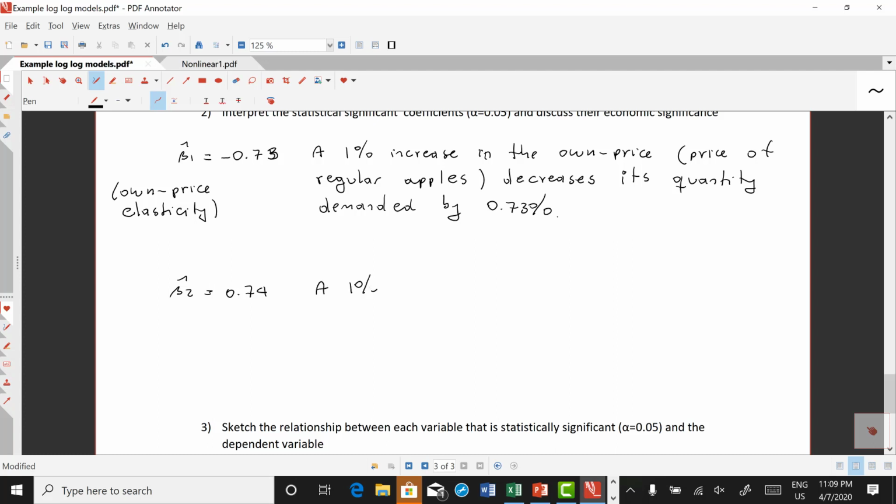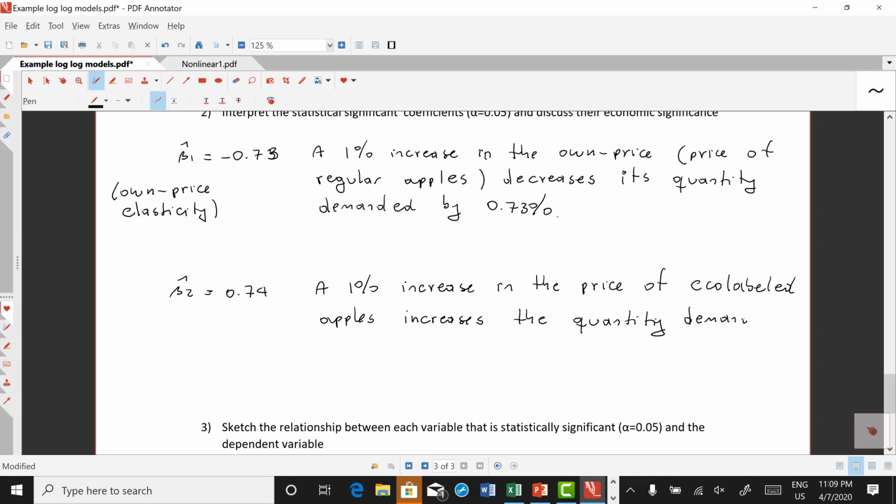So we can say that a 1% increase in the price of eco-label apples increases the quantity demanded of regular apples by 0.74%.